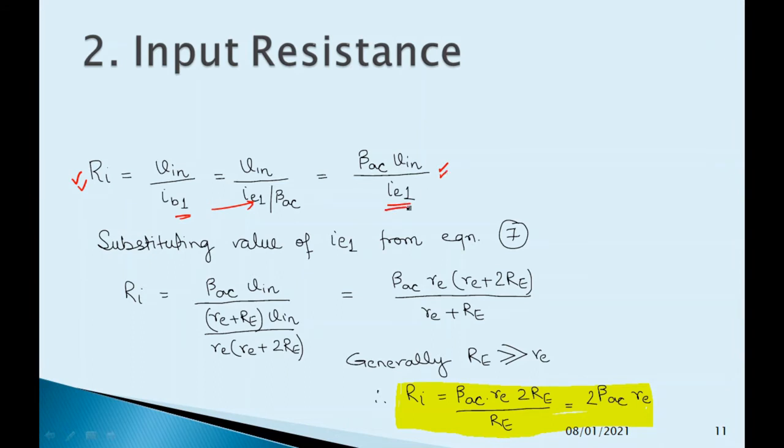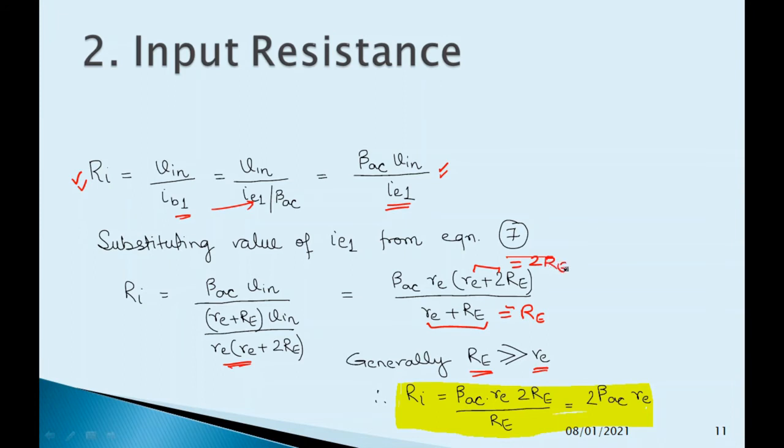Now substituting the value of IE1 from equation 7, by solving this, taking this parameter to the numerator side, it is beta AC into RE plus 2re upon RE plus re. Now, as we know, this capital RE is very, very much greater than small re.